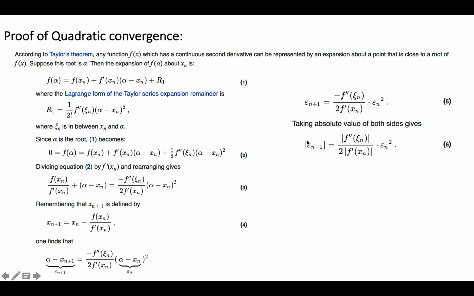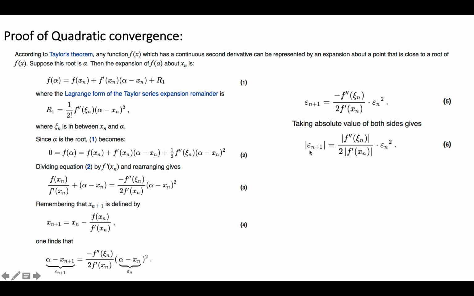So if we take the absolute value, we remove the negative sign, and if we divide epsilon n plus 1 by epsilon n squared, we have a constant term here. Constant because it is a second order derivative and first order derivative at a fixed number. There is no x here.